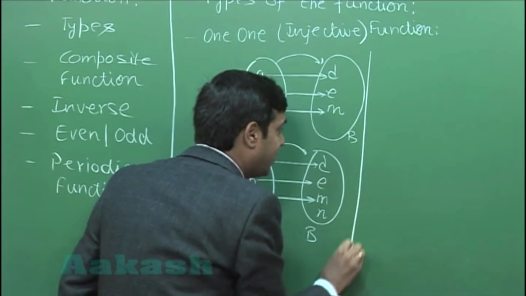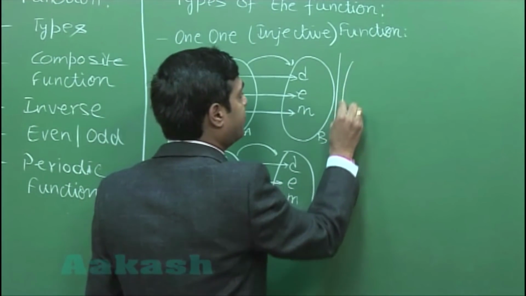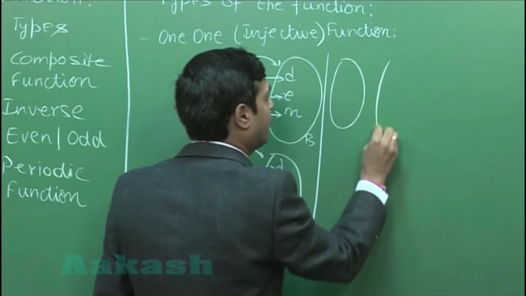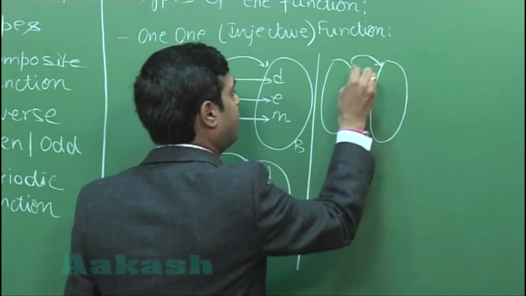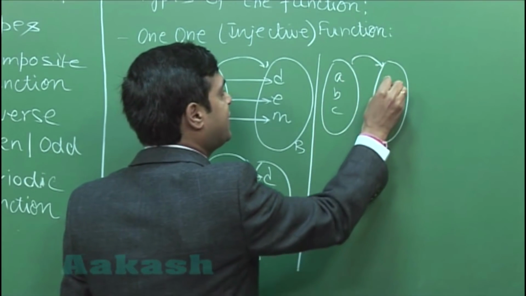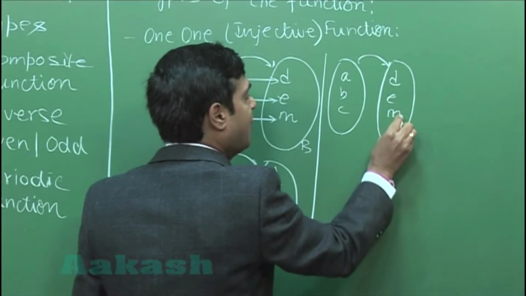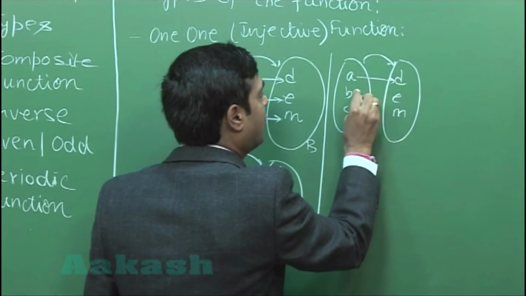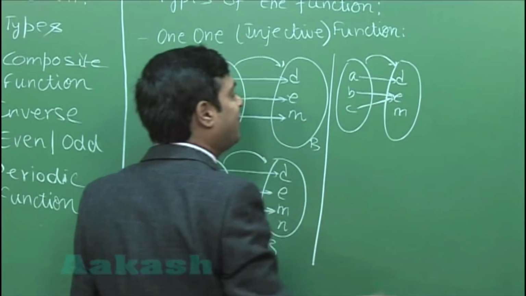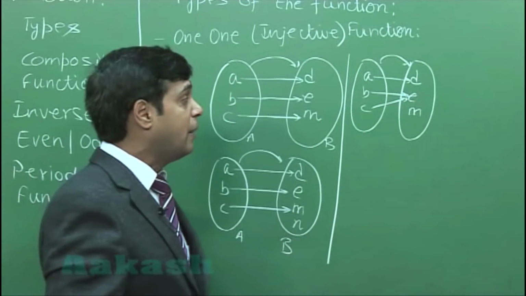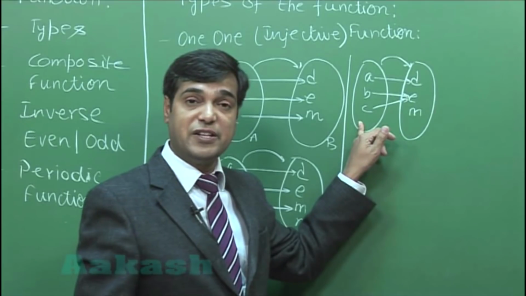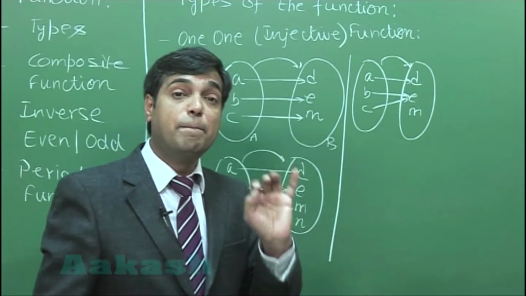But instead, if I describe it like this, A, B, C, D, E, M. This function is not one one because E has 2 pre-images. This function is termed as many one.